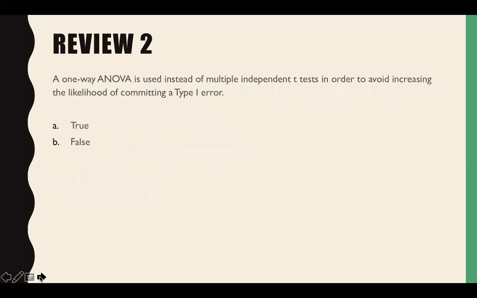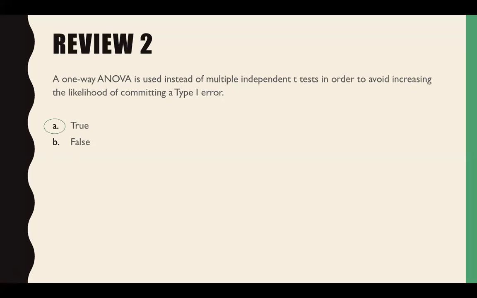A one-way ANOVA is used instead of multiple independent t-tests in order to avoid increasing the likelihood of committing a type 1 error. True or false? Okay, so our answer here is true.